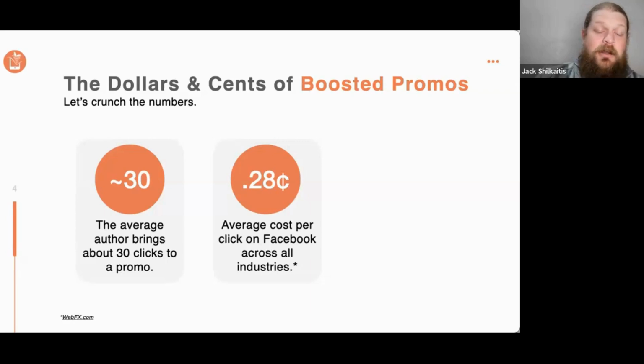Now, it would be an entirely different webinar for us to talk about Facebook ads and Facebook ad copy and all the stuff that goes into getting that lower cost per click.